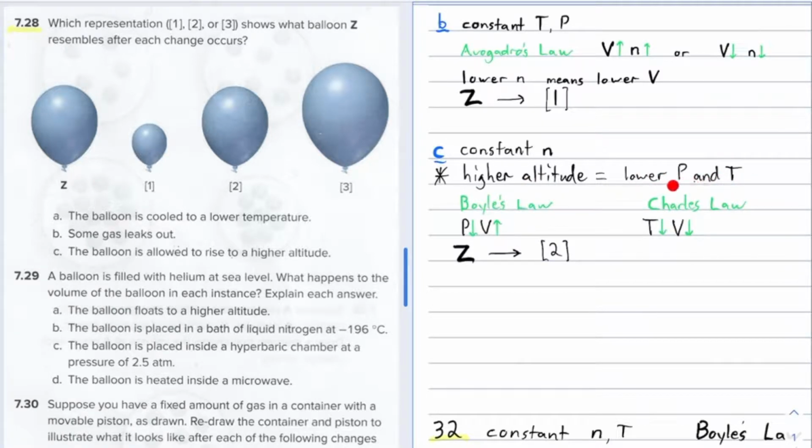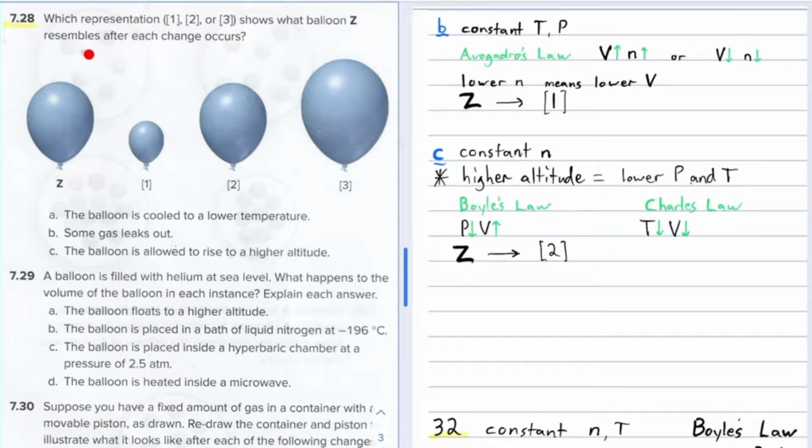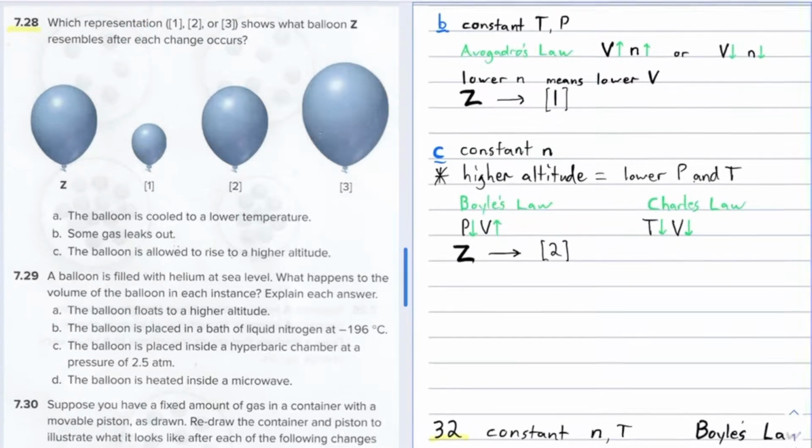You remember the pressure inside the balloon matches the pressure outside. So if the balloon floats up in the air and the pressure of the air gets lower, the pressure inside the balloon gets lower as well. And the gas inside the balloon would get colder because air gets colder as you go up in altitude. So what happens to the gas is the pressure is lowered and the temperature is lowered.